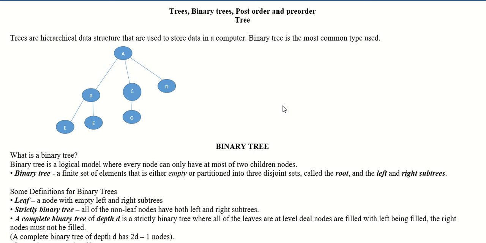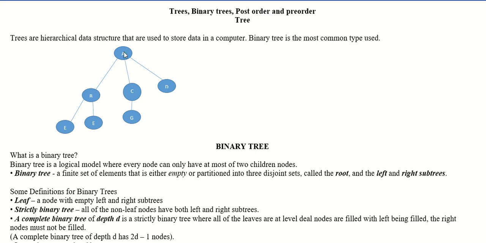So for example, the first example we have here has A, B, C, D, E, F, and G. You find that it is a tree, but this is not a binary tree.